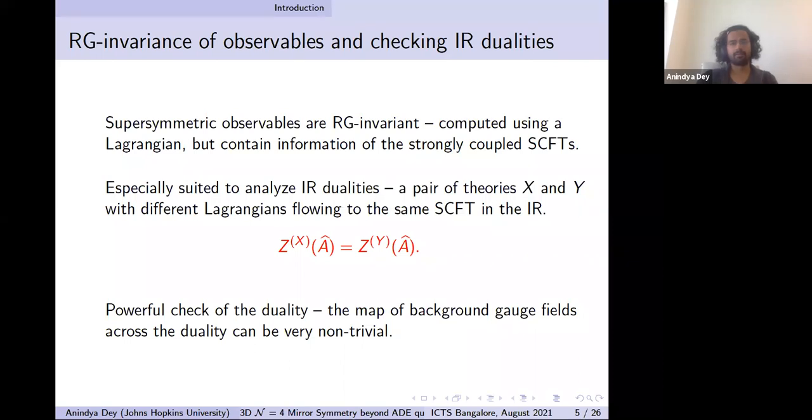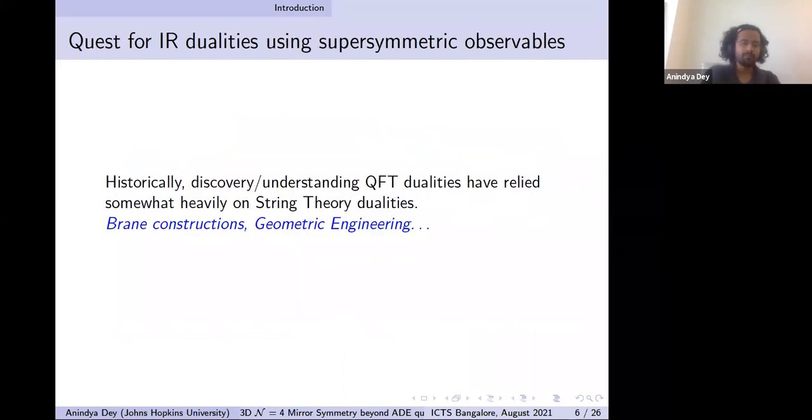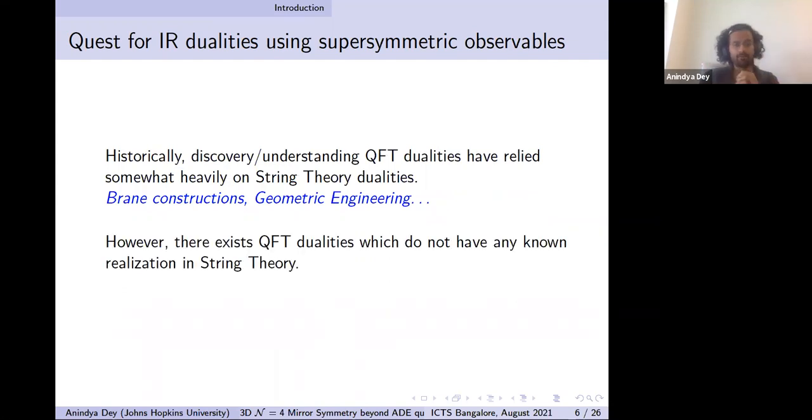All right. Now, historically, as I mentioned earlier, discovery or understanding of QFT dualities has relied very heavily on string theory dualities. There are Webb-like constructions like the Hanany-Witten construction, geometric engineering of various sorts, and so on. However, we do know that there exist QFT dualities which do not have any known realization in string theory.